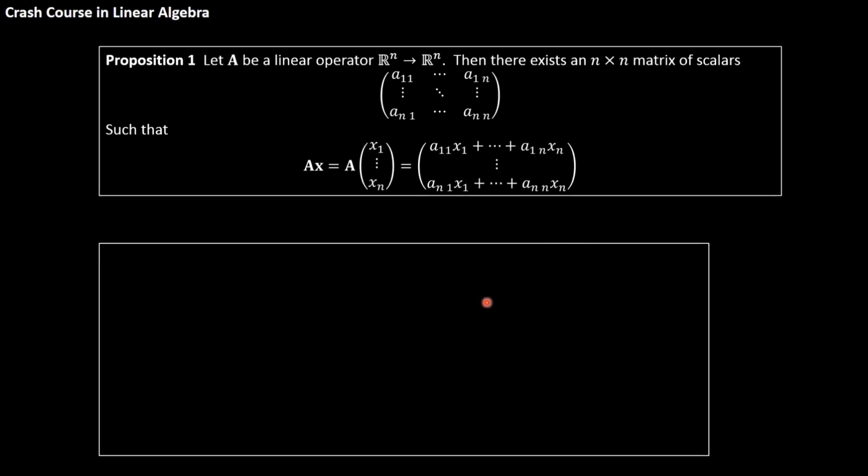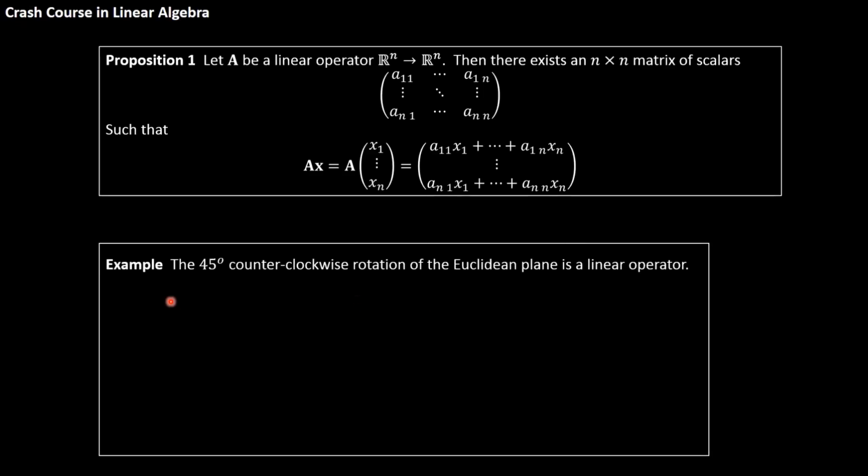So here's an example. A 45-degree counterclockwise rotation of the Euclidean plane is a function. It sends points in R2 to R2. And it turns out it's a linear operator, so it has that property from the previous slide with linear combinations.